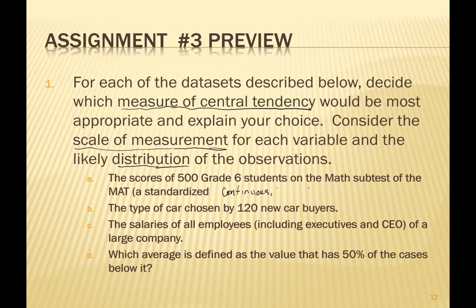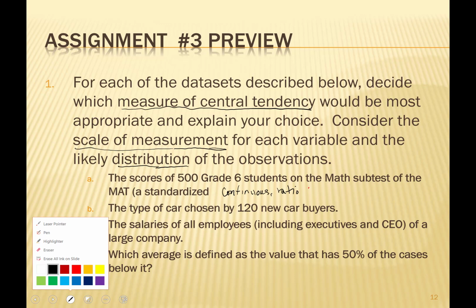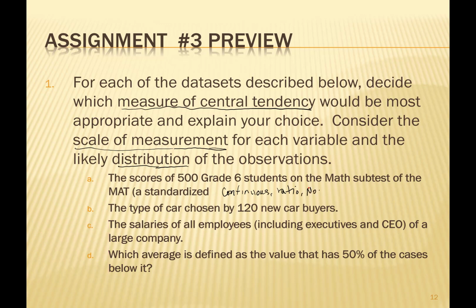Standardized tests are ratio. And standardized tests are also normally distributed, which would be your next question to think about. The distribution is going to be normal. So when we have data that is continuous, ratio, and normal, where do you end up as far as the measure of central tendency to report?